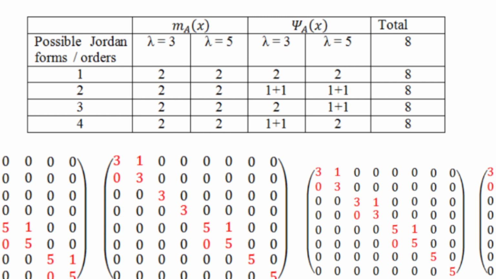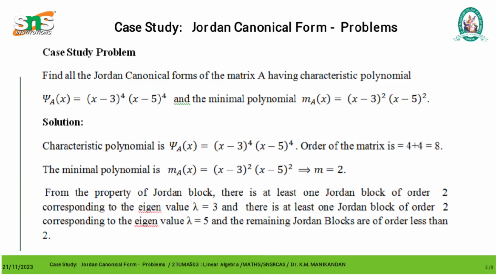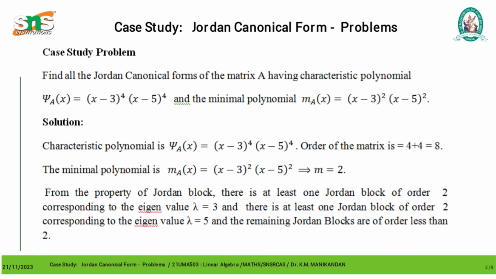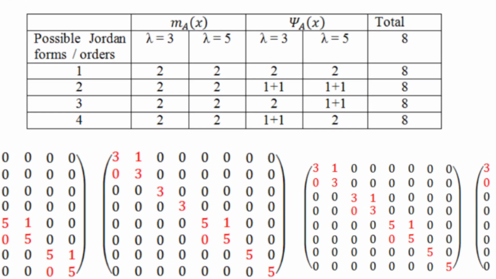If you take lambda equal to 3, both eigenvalues are the same in the characteristic polynomial and the minimal polynomial: lambda equal to 3, lambda equal to 5. Now you have to take the possible orders.